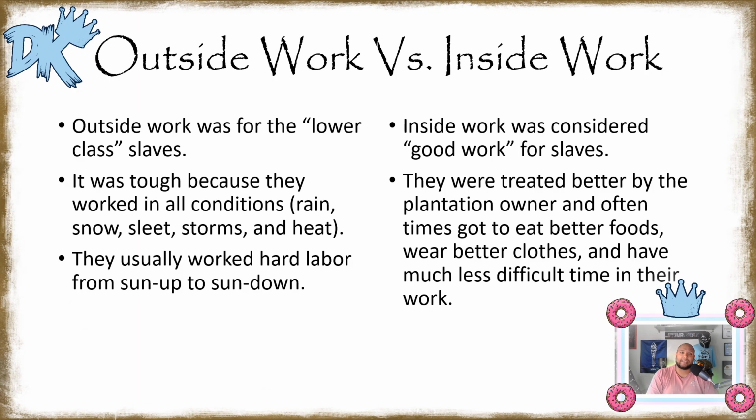Outside slaves were what they would consider lower-class slaves. These were slaves who were there primarily for physical labor. It was tough because they worked in all conditions, whether it was raining, snowing, sleet, storms, or heat. They usually had hard labor from sunup to sundown, so from roughly 5 to 6 a.m. until 7 to 8 o'clock at night, they were out there working.